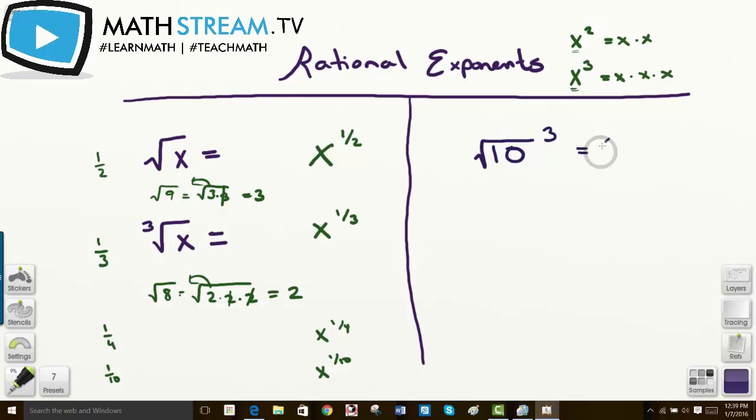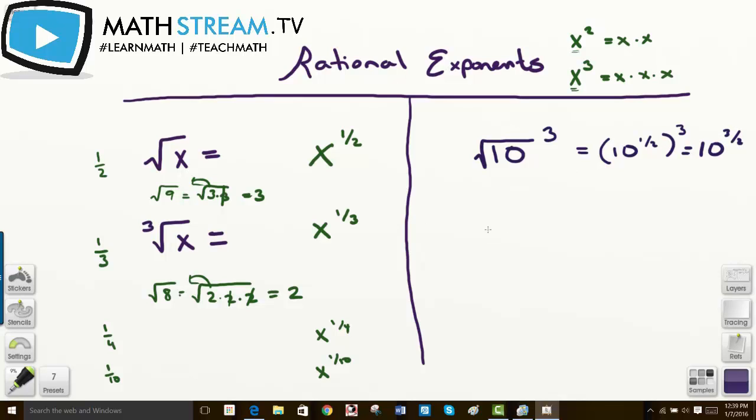I could rewrite it as 10 to the 1/2 cubed. And if you remember, I like Maria's commentary. If I take a power to a power, I can really just multiply, and this whole expression is just 10 to the 3/2, because 1/2 times 3 is 3/2.